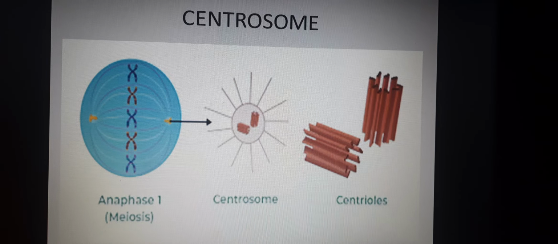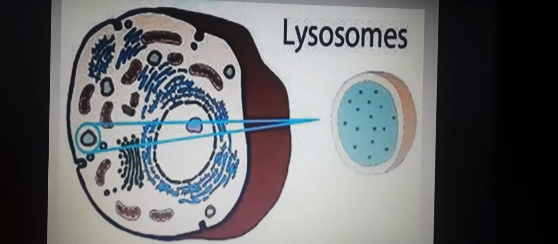Here you see in this diagram, from the centrosome, this is the chromosomes. So chromosomes and centrosome are attached by the astral fibers. As I have explained in the diagram, astral fibers help to attach the chromosome with the centrosome. So these things help at the time of cell division.